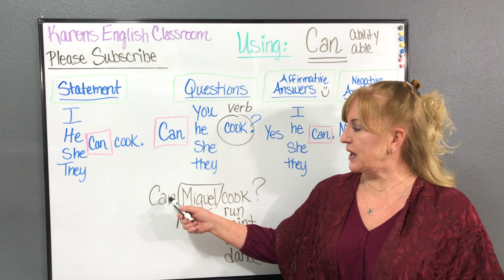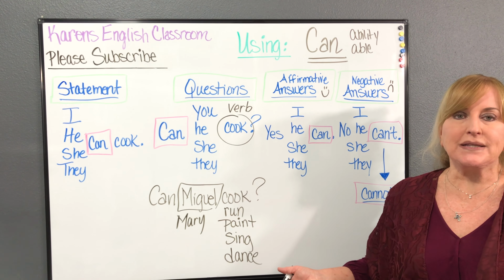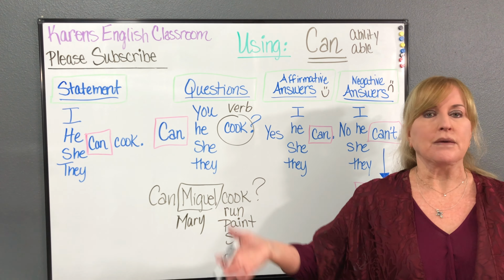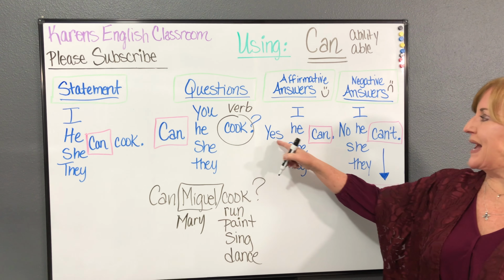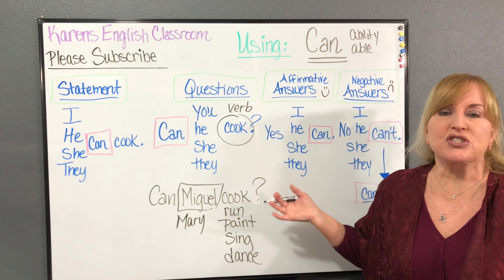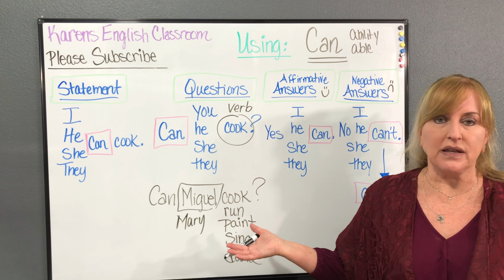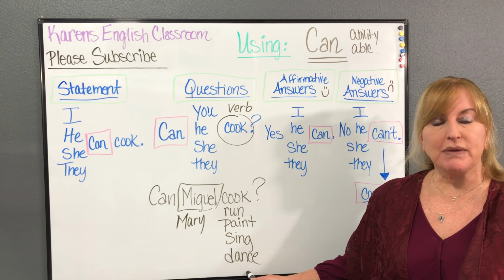Now, when I answer, I can say, can Miguel paint? So let's say, can Miguel paint? I need some help painting my kitchen. So, can Miguel paint? So I can say, yes, he can. Or yes, Miguel can. Or I can just say yes. That's fine. Okay, can Mary dance?